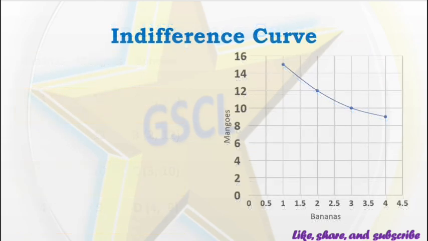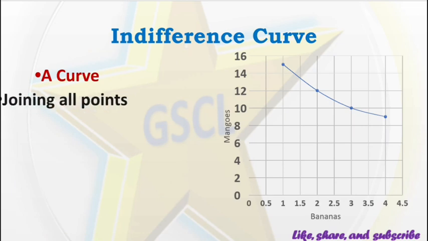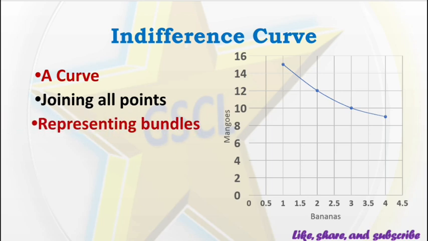So what is an indifference curve? It is a curve, a graphical representation that is obtained by joining all the points of consumption bundle. It represents different consumption bundles of a consumer.